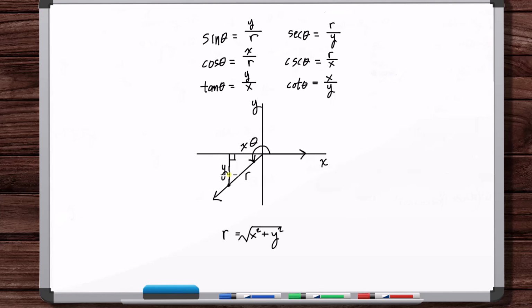They might be negative, but that's not a problem, right? There's no issue with these ratios with negative numbers. So as long as all the side lengths are non-zero, then every one of these trig functions is going to exist. It's going to be a number. And so what that shows you is that if it's not a quadrantal angle, then there are no domain issues for any of the trig functions. Okay, great. So we just need to think about what happens at the different quadrantal angles.